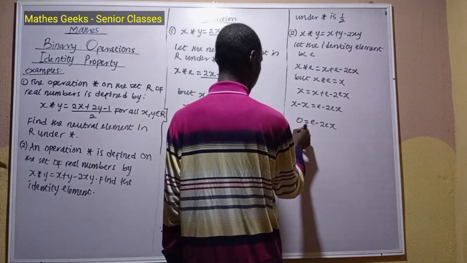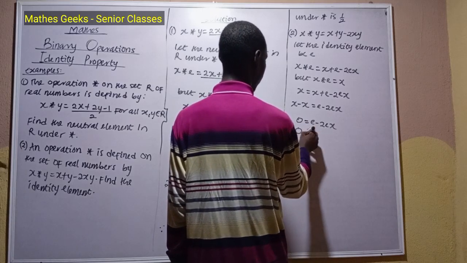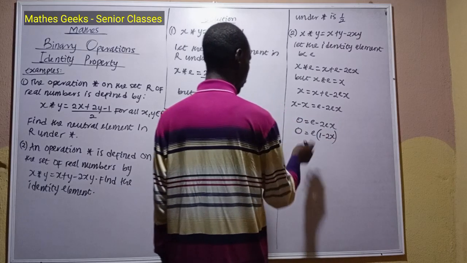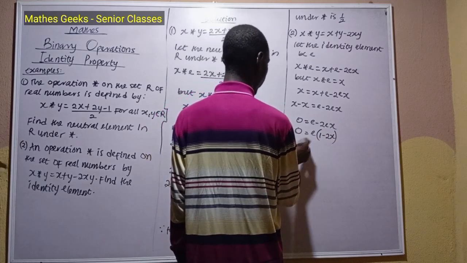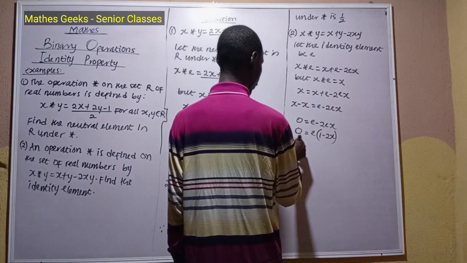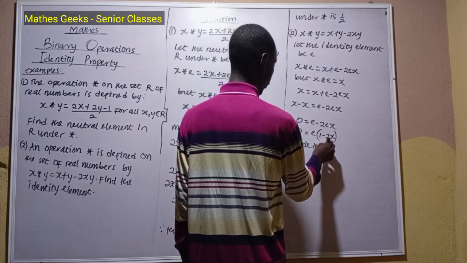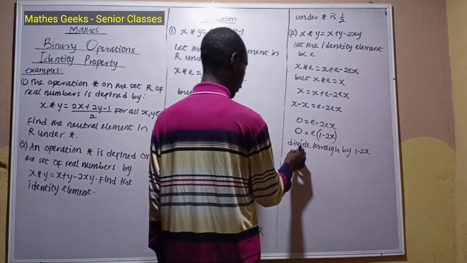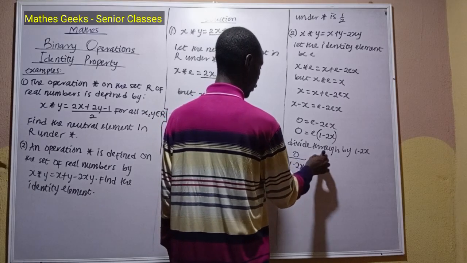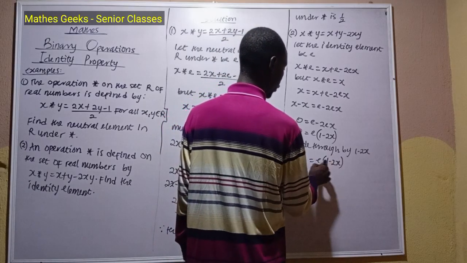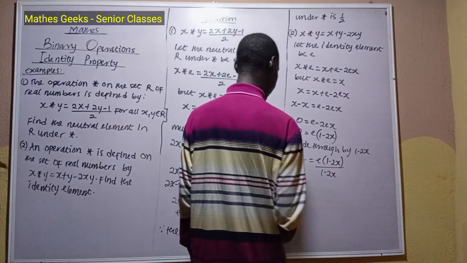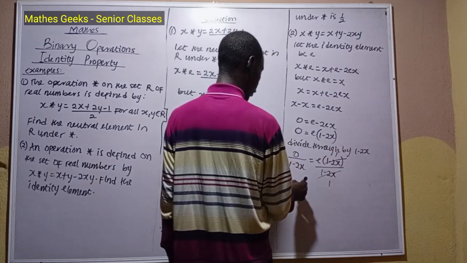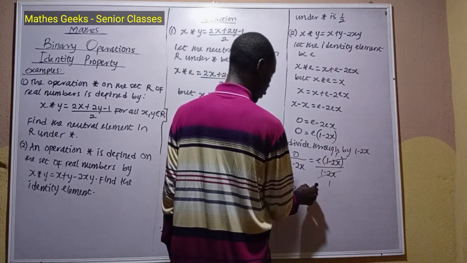We factor e out. 0 is equal to e times 1 minus 2x, and e is equal to, so divide both sides by 1 minus 2x. So 0 over 1 minus 2x equals e times 1 minus 2x over 1 minus 2x. So this will cancel. So e is equal to 0 over 1 minus 2x, which is 0.